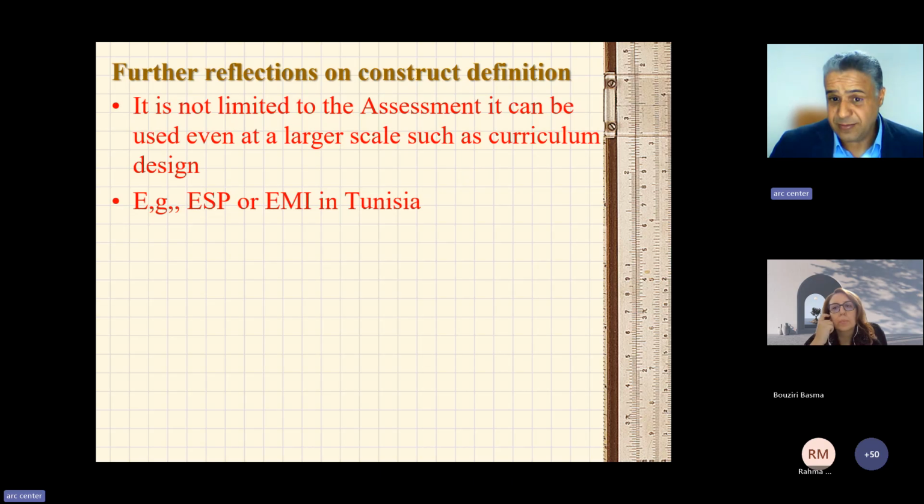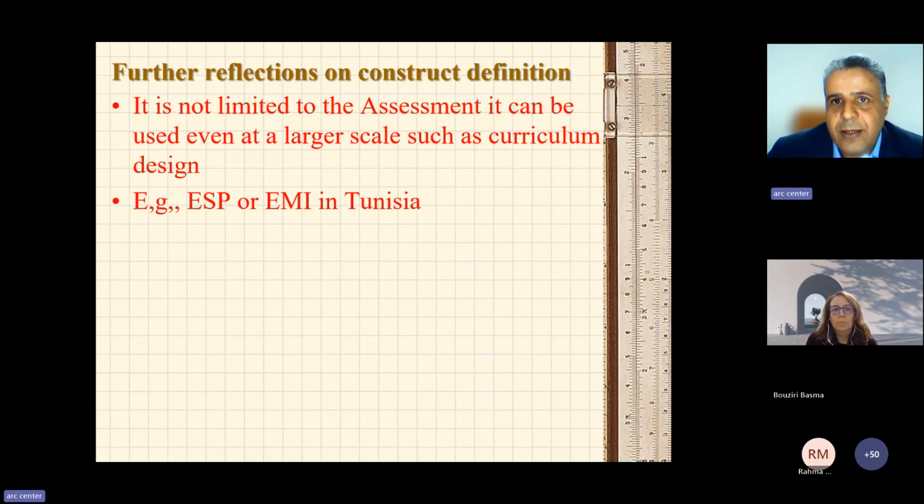What is its definition? So why do we need ESP today? Do we really need ESP or EMI? So again, we need to define the construct of teaching English in non-English departments. And then after that, operationalize that on the ground. And then see what our needs are and how we can respond to that.